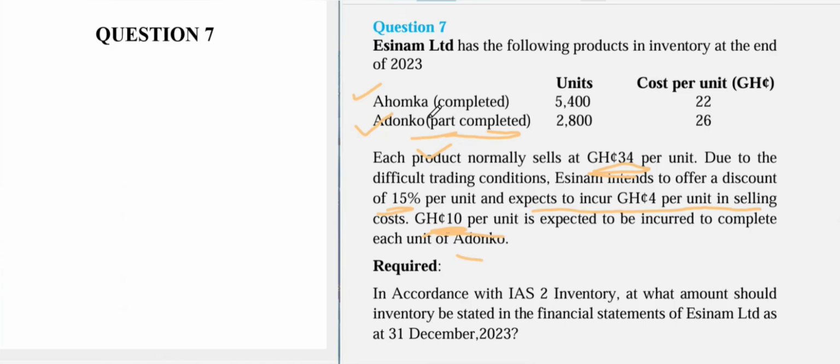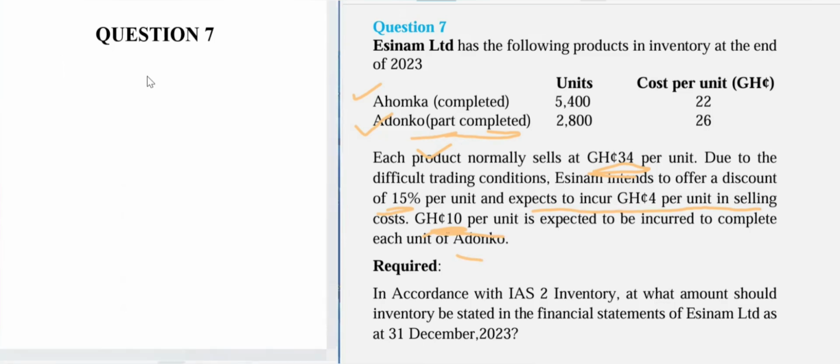The finished goods are already completed, so we are not going to factor in the cost to complete when we are valuing finished goods. We only factor in cost to complete when we are valuing work in progress.